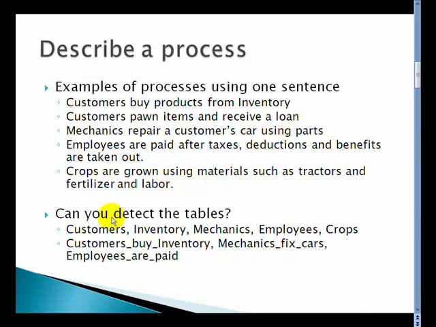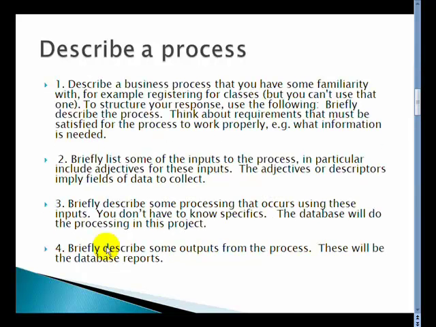So some of the tables in here are customers or inventory or mechanics or employees or crops or material or maybe tractors, that type of thing. Tables that relate these basic tables have names like customers buy inventory, mechanics fix cars, employees are paid. So there'll be other tables that you'll need to create that will relate these basic tables together.